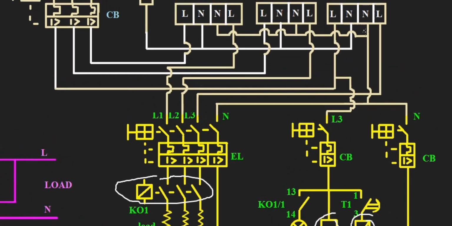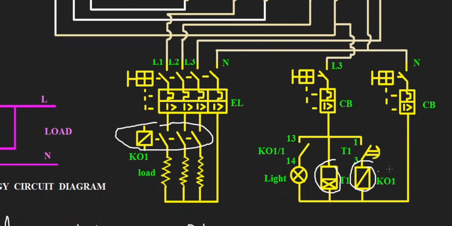So the load side, you loop it and take it to the earth leakage, and the other neutral circuit breaker. This is the light that you use to show that energy is being consumed. Here you can put any load that you want, such as a motor, stove, any three-phase load, and then you take back to neutral.